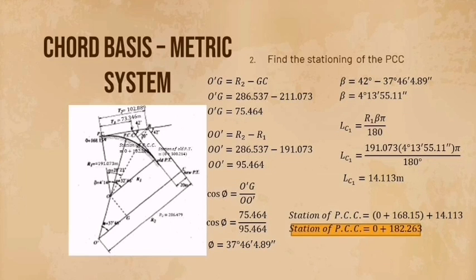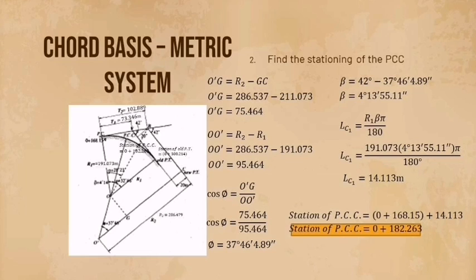So for the OG equals R2, or the radius 2, minus the value of GC. So again, substitute the given. R2 equals 286.537 minus the value of GC, which is 211.073. After computing that, we will get the answer of 75.464.